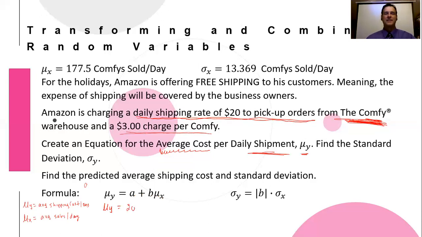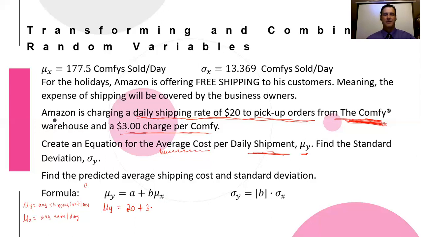You will find that sometimes there is no flat rate for something, and you don't have to worry about that piece. It'll just be a zero. So don't always expect there to be a flat rate for something. They do exist, but not always. Second part is, what are you charging per Comfy? We are charging $3 per Comfy.